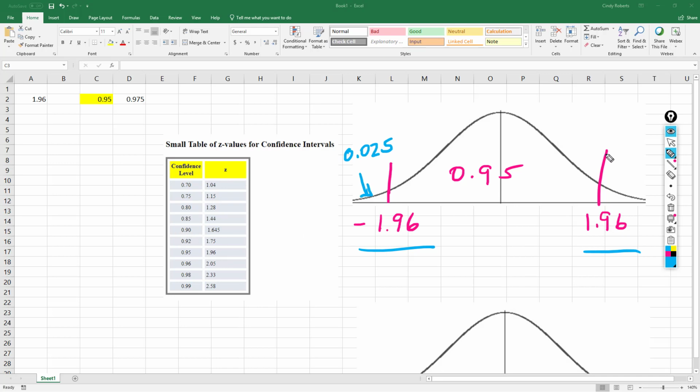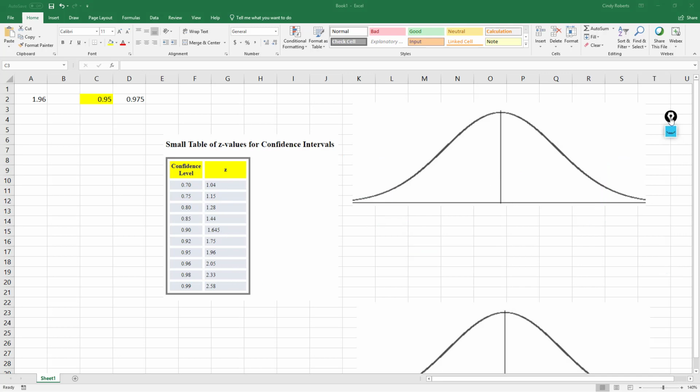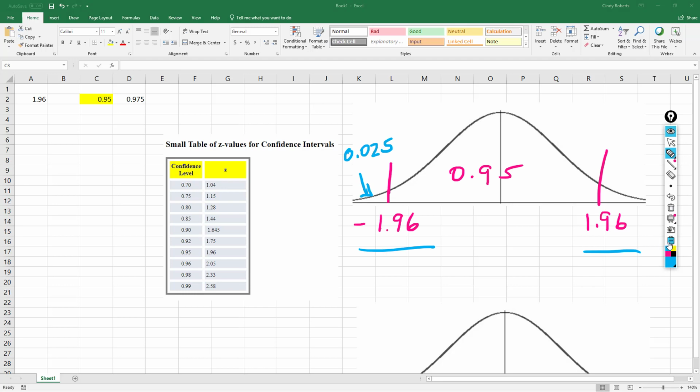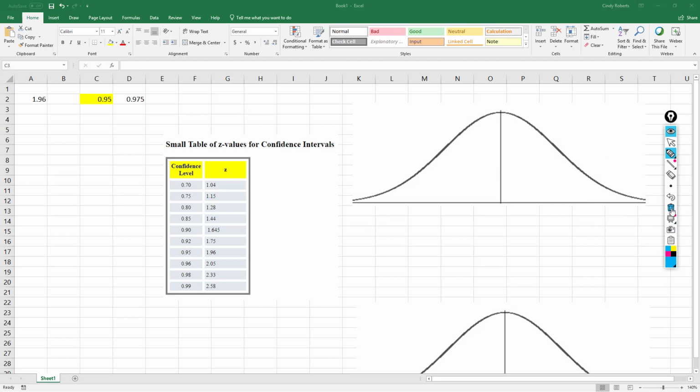Now, you might say, what's up with this 0.90, 1.645? If I go back here to my table, let's first draw this out. This is 90%. Here I'm looking at 90%.